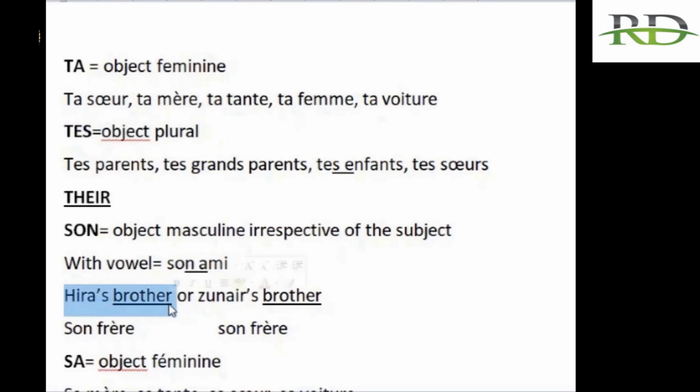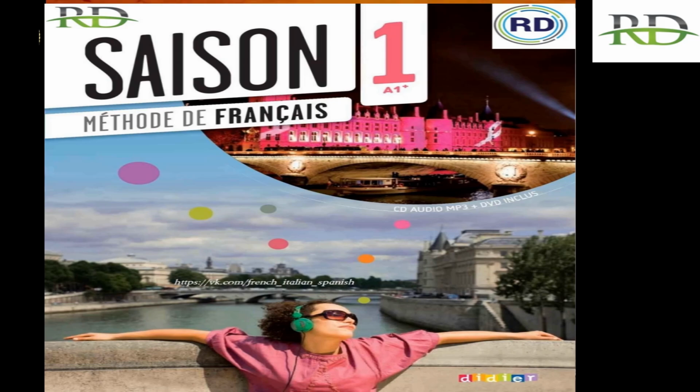Do we do that in Urdu? Uska bhai. We don't do that. Bhai ya behan kisi ka bhi ho, uski wajah se gender change nahi hota. We use ka and ki because of the gender of bhai and behan. So that is going to happen the same in French. Sans frère, because frère is masculine, so you are going to use sans.